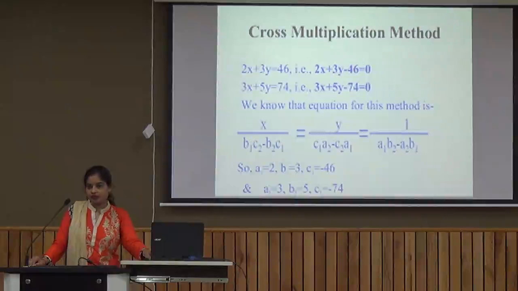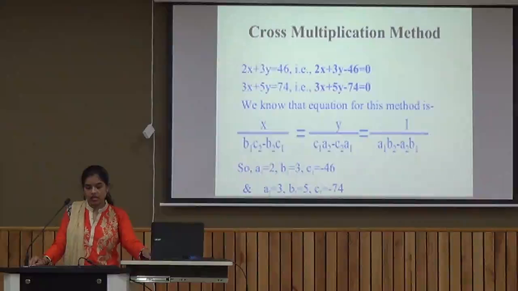Now we can put the values of all these constants a1, b1, c1, a2, b2 and c2 in this equation, and by using cross multiplication we can find the values of a1 as 2, b1 as 3, c1 minus 46, a2 3, b2 5 and c2 as minus 74.